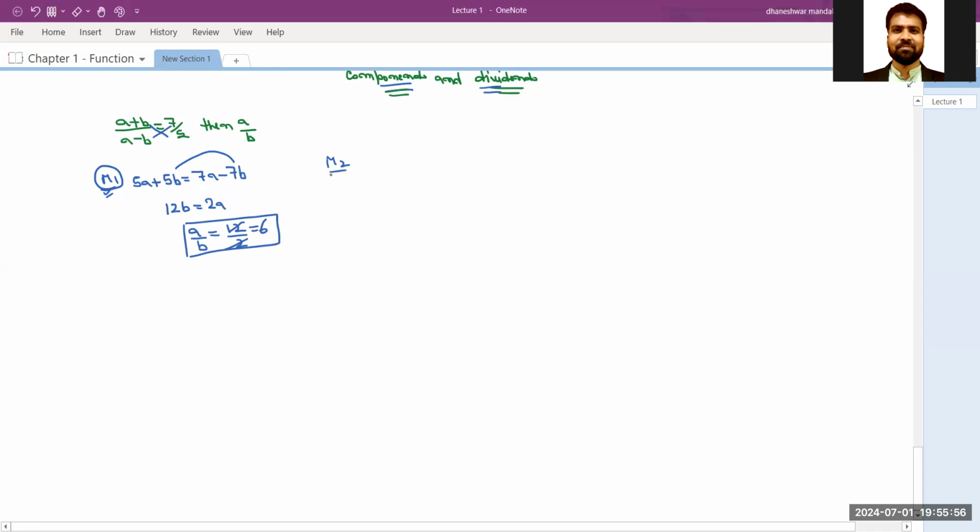But if I know componendo dividendo, then I want to add these two terms, and if I subtract these two terms, so here also I have to do the same process. So 12 is there. I add both numbers. This is the numerator and this one is the denominator.